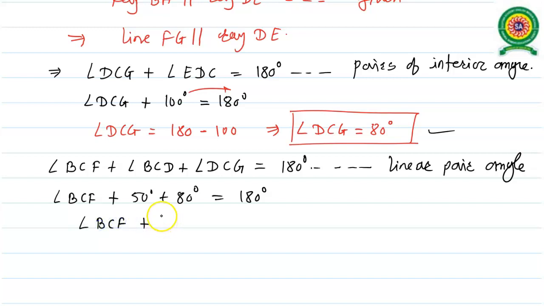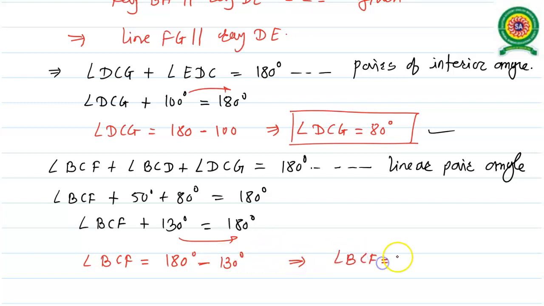So BCF plus 130 degrees equals 180 degrees. After shifting 130, we get BCF equals 180 minus 130 degrees. We get the BCF value as 50 degrees.